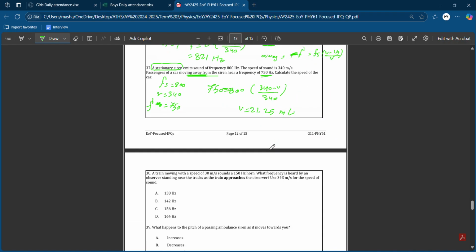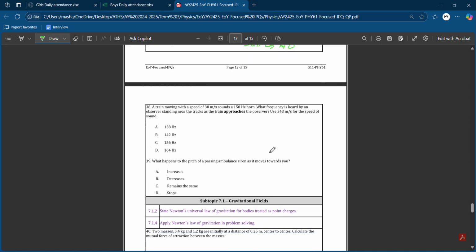Okay, for question 38, note this information: if the source is approaching, f prime equals fs, but flip the formula, v minus vs. As moving away, it will be plus. Okay, so let's go back to the question.